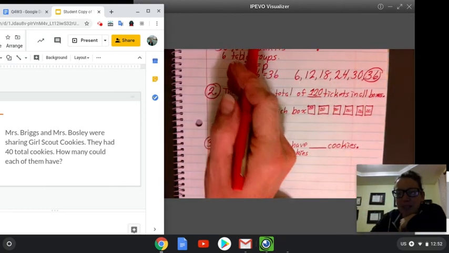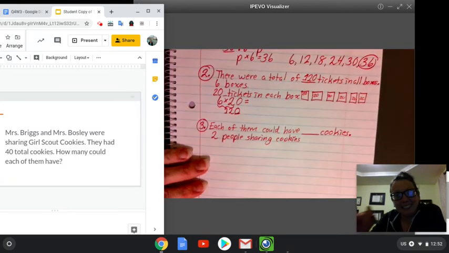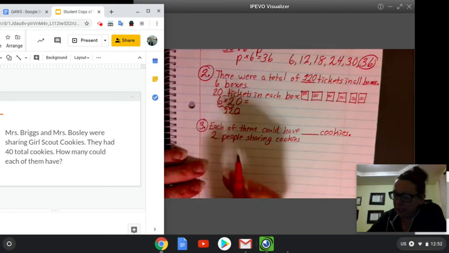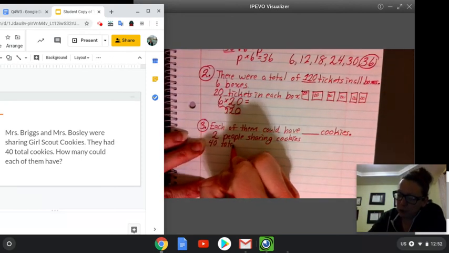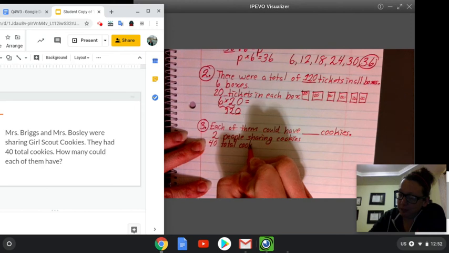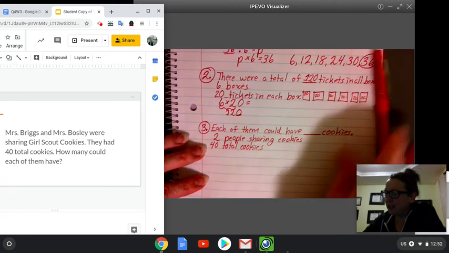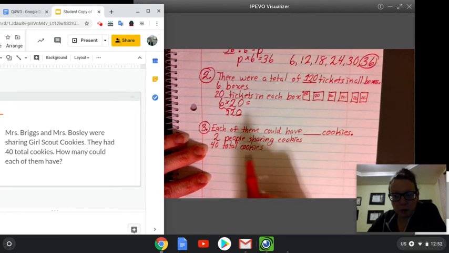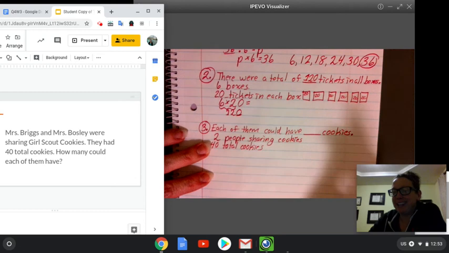Is this going to be multiplication or division, do you think? Let's see. Said they had a total of 40 cookies. So if I'm looking at this problem and I've pulled out my information, they give me a total and I'm splitting that total between 2 people. So what is that?